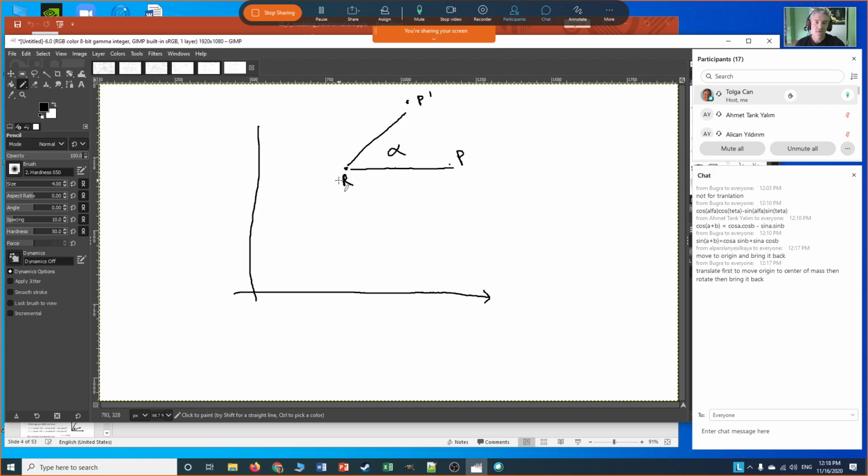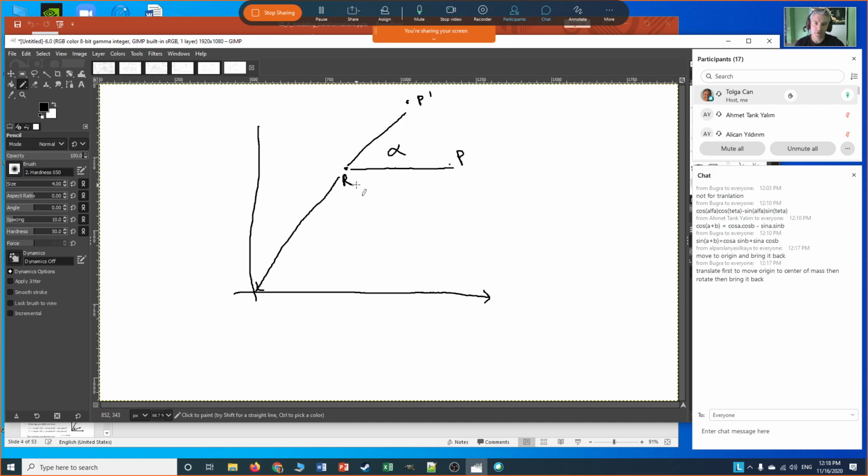So what we do first is move R to origin along with the points. We move the whole setting so that R is the origin. So what is the translation to do that?